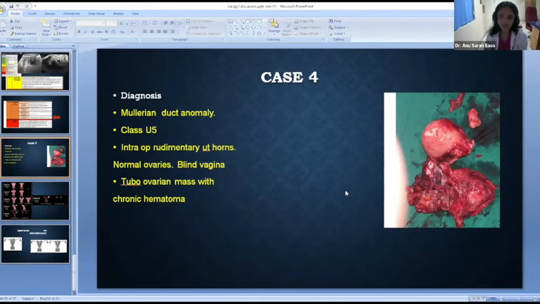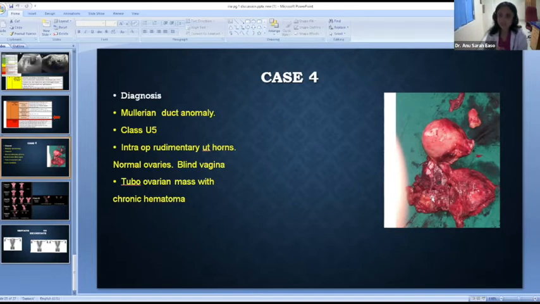Part of that is this structure which we can see here, and that rudimentary horn was filled with hemorrhagic fluid, with blood. Okay, and there was this hematosalpinx, and this had formed the tubo-ovarian mass.